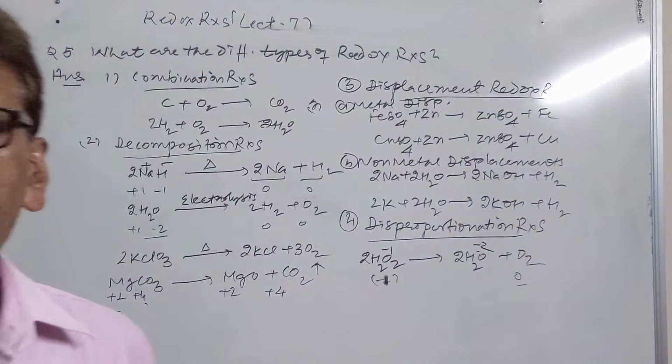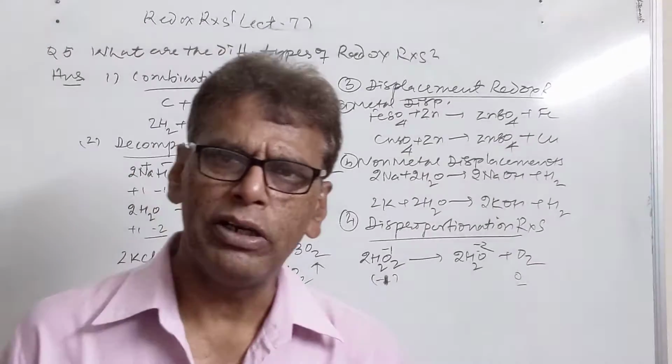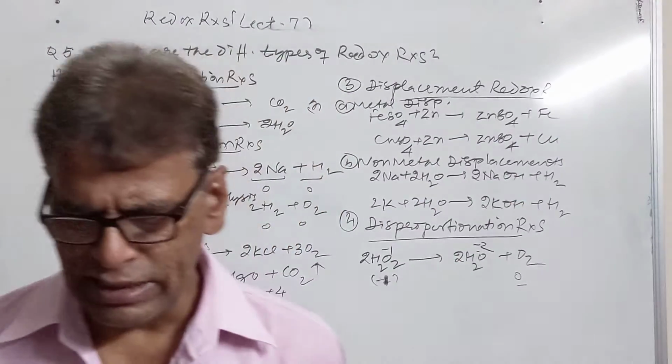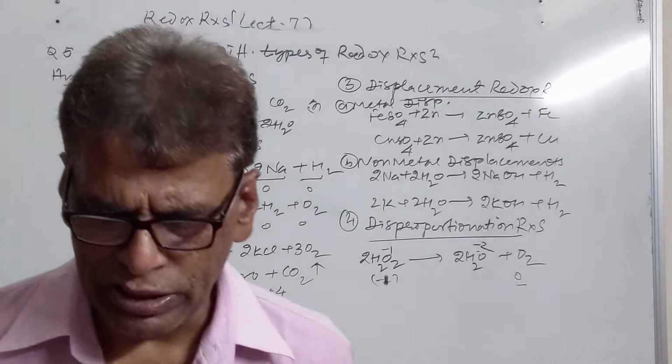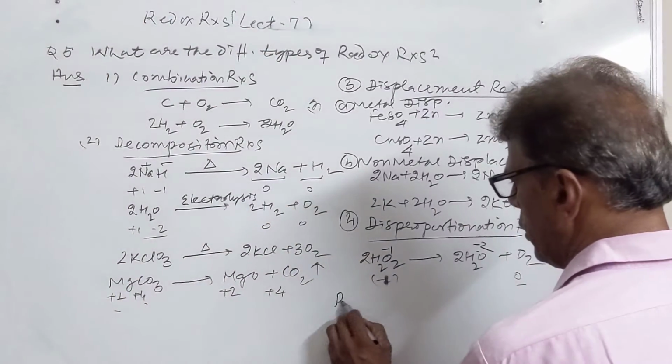These reactions are disproportionation reactions, where a compound is splitting into two compounds. In one compound its oxidation number has increased, in another compound its oxidation number has decreased. Similarly, P4 combines with 3OH.